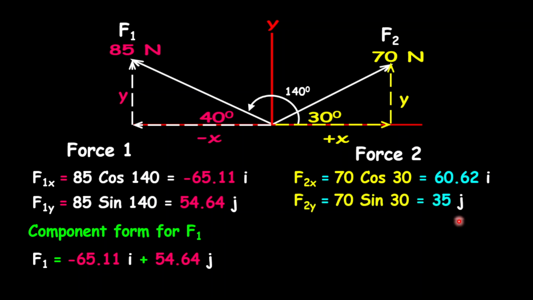In terms of the y component, F2y equals 70 multiplied by sine 30. Sine 30 is 0.5, so 70 multiplied by 0.5 is 35 j, which is the y component.